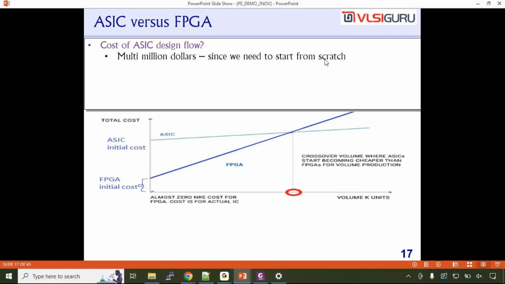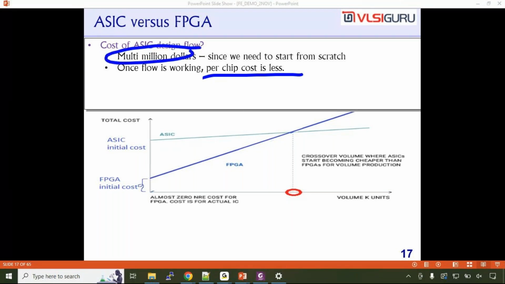That's all. Because you have to do everything from scratch, it will cost multiple $1 million. Once you have set up the flow where you know how to manufacture one chip, per chip cost will be less. Initial investment is high, per chip cost will be less.